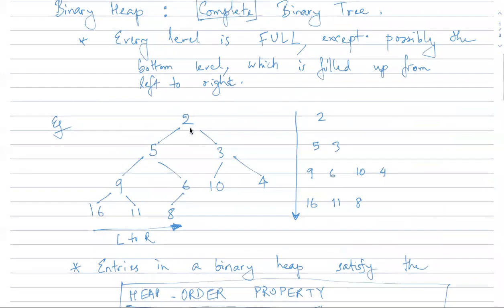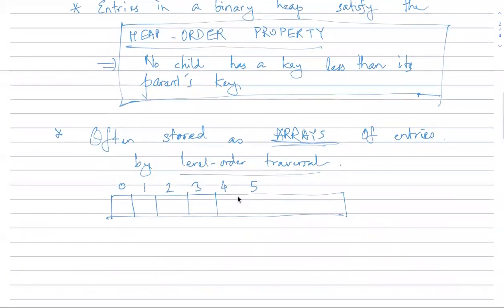So how many elements are here? 1, 2, 3, 4, 5, 6, 7, 8, 9, and 10.